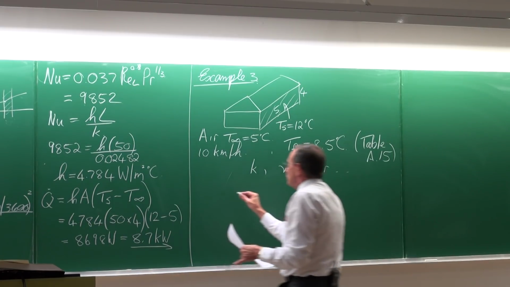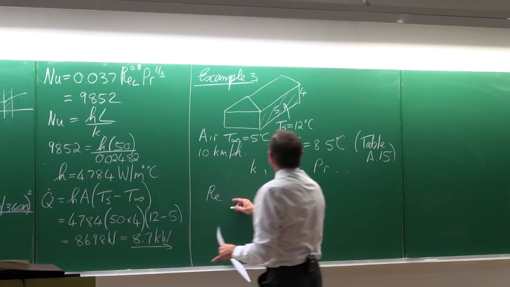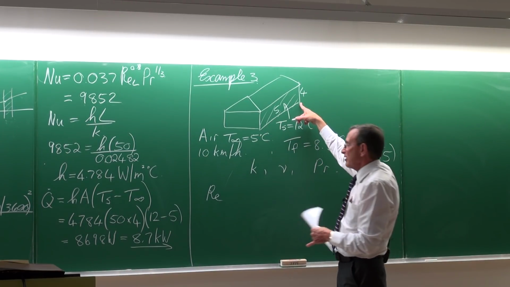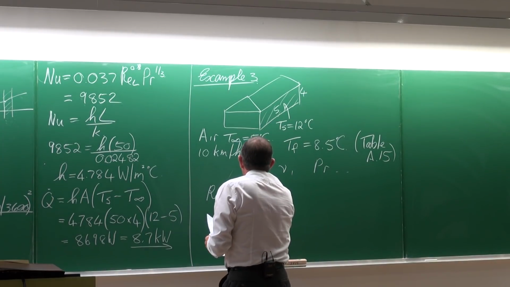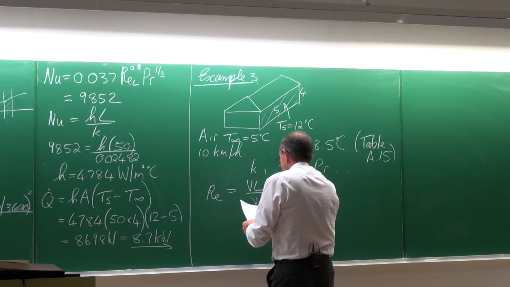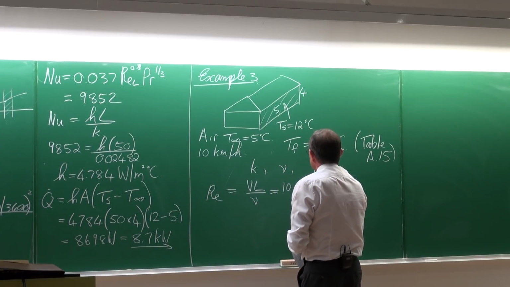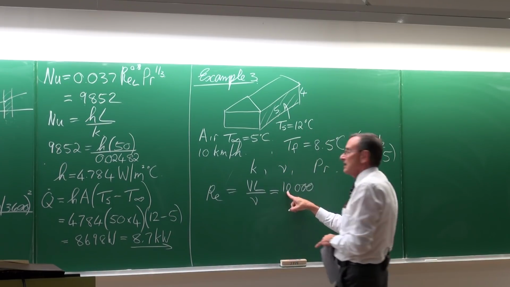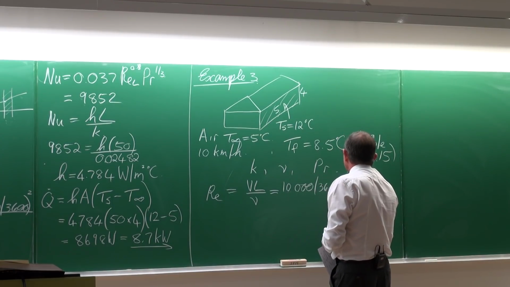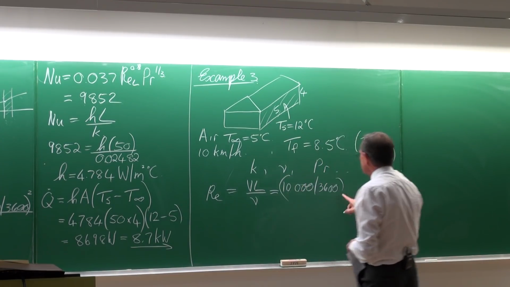You can go and determine the Reynolds number. So the Reynolds number would be now at the end of the wall, which is 5 meters. It is equal to VL divided by the kinematic viscosity. The velocity is 10 kilometers, 10,000, divided by an hour, 3,600 seconds.